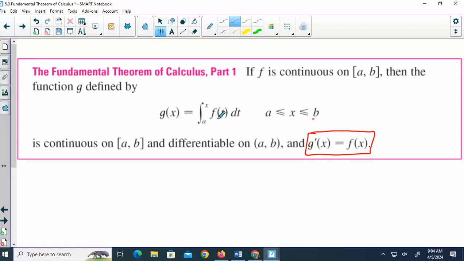The original function was f of t, right? If you do a derivative and an antiderivative, you should get your original function back. If I have a variable x in my limit, when you do the antiderivative, your t gets turned into an x, and then once you do the derivative, x stays. So the derivative of g is just f of x, so it just changes the t's to an x.